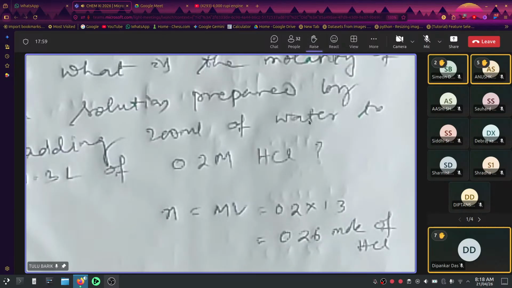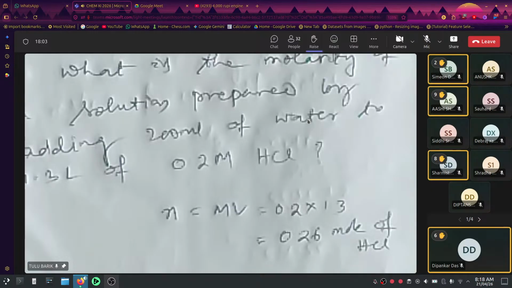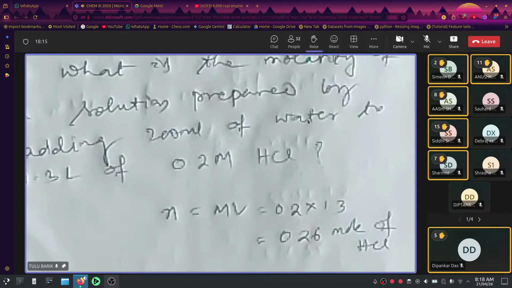Those who are actively present, please raise your hand. Only 12 students have raised, 13, 15, 17, 18.